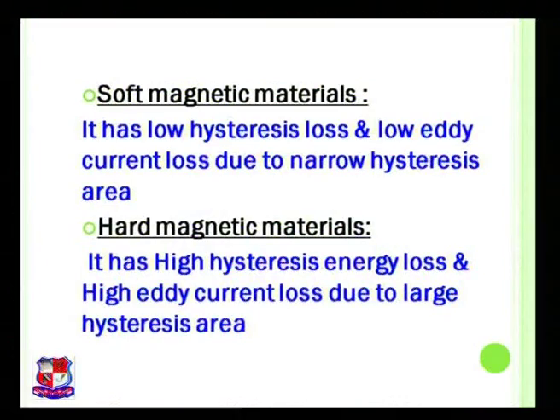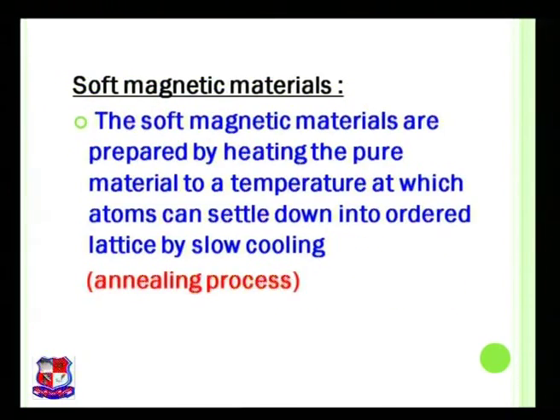If we move towards the hard magnetic material, the hysteresis cycle area is very large. That means the energy loss is higher if the area is large. That means hysteresis energy loss is higher in hard magnetic material, and with respect to that there will be more eddy current loss in it. So this was the presentation of soft and hard magnetic materials.